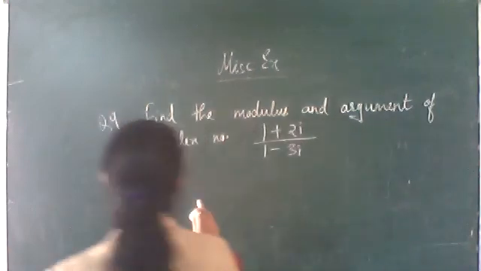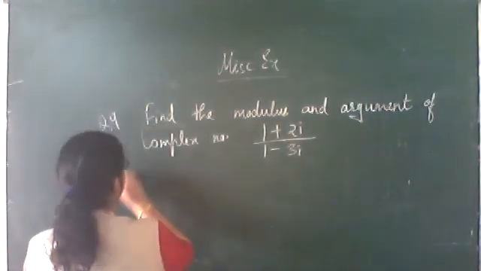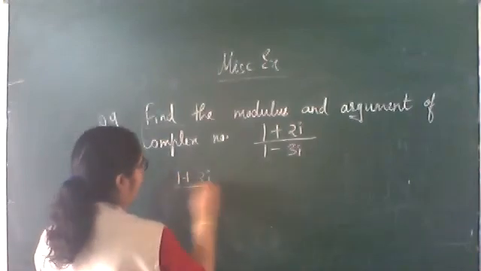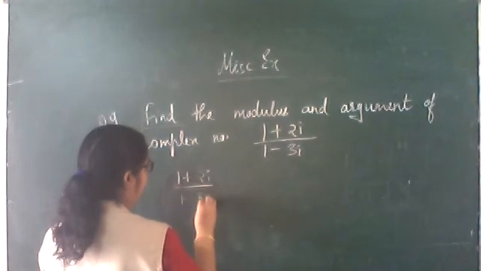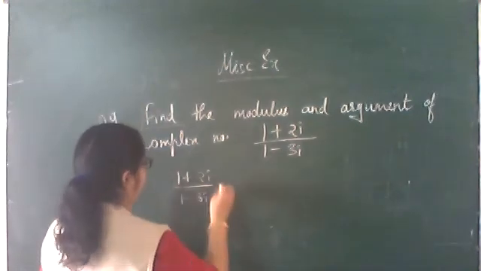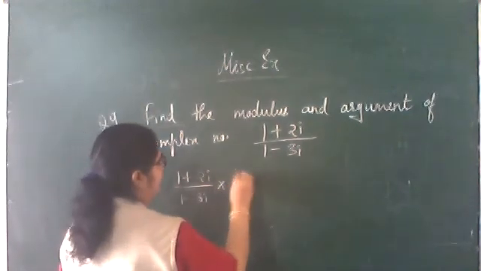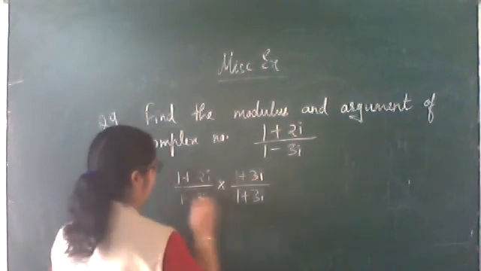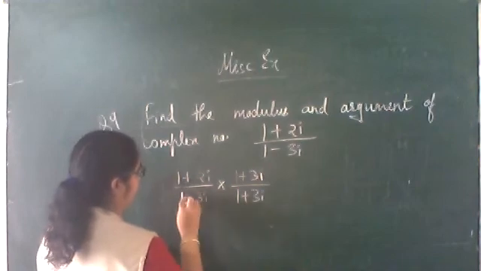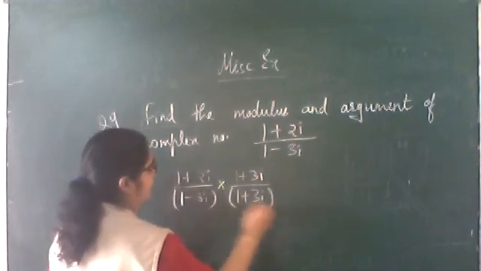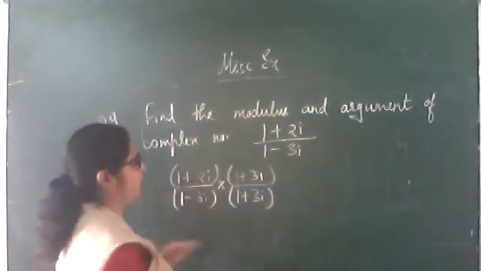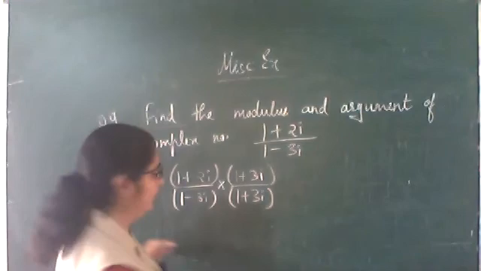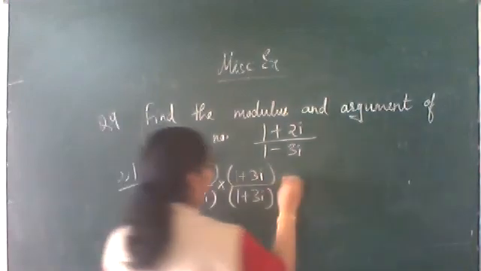So first of all, we'll bring it in the standard form. (1 plus 2 iota) upon (1 minus 3 iota) into (1 plus 3 iota) upon (1 plus 3 iota). Here we were having 1 minus 3 iota, so we multiply with 1 plus 3 iota. We always look at the denominator, because from the denominator we have to eliminate iota.